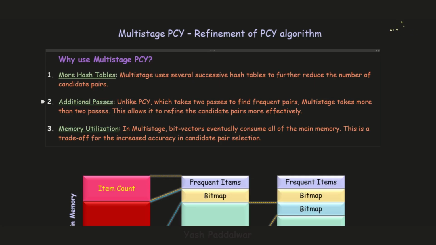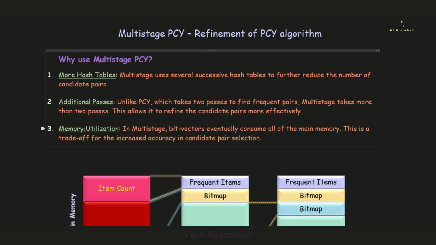The use of these additional passes is to refine the candidate pairs more effectively, that is, to find the candidate pairs in the most efficient way. How effective this additional-passes approach is, we can understand by looking at the example that we are going to solve in this video afterwards.